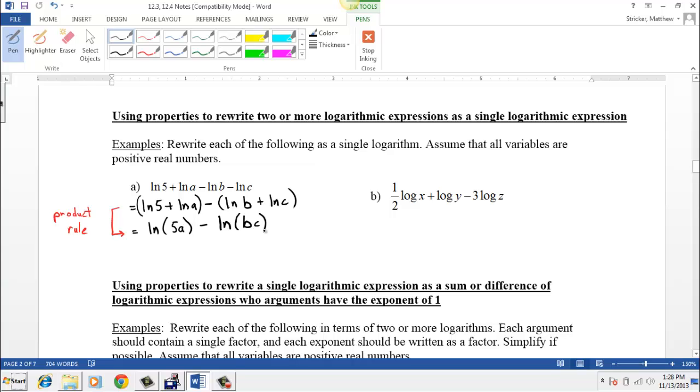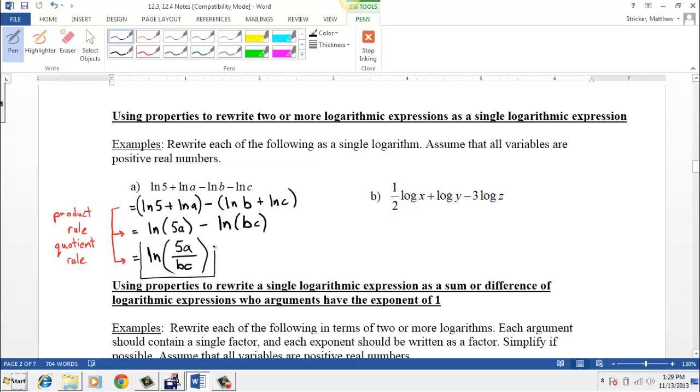Well, we're not in a single logarithm, so we need to keep going. What rule can we now use to combine ln of 5a and ln of bc? Since there's a minus, we're going to use the quotient rule. Which would give me the ln of a quotient where the top is the first argument 5a and the bottom is the second argument bc.